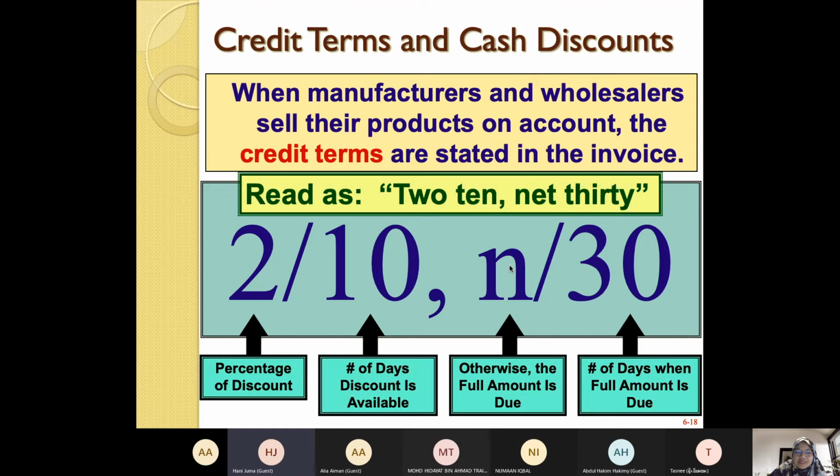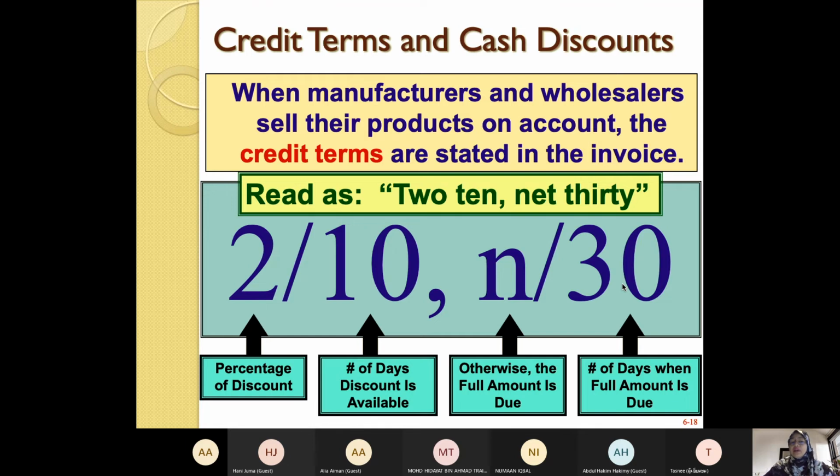So 2/10 means that you are given 10 days to pay. If you pay within 10 days, I give you a 2% discount. But the maximum number of days you have to pay is 30 days. If you pay after 10 days, there's no discount. So how do you know whether you can get a discount or not?